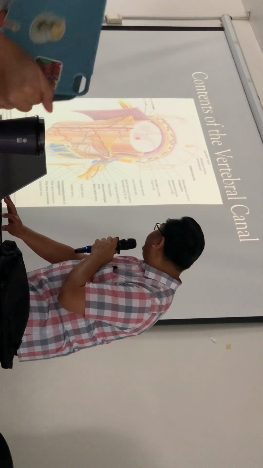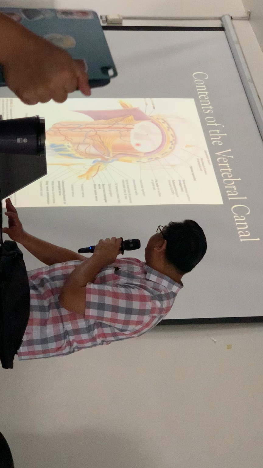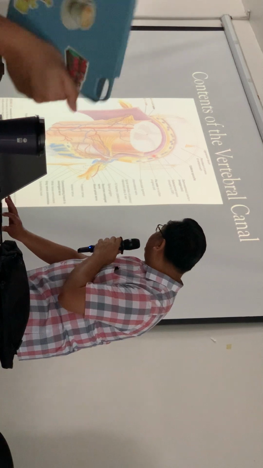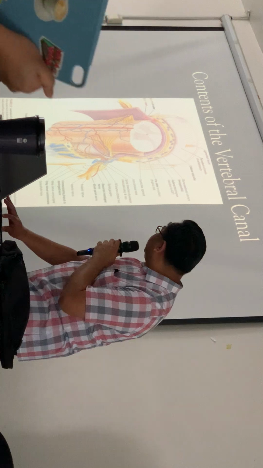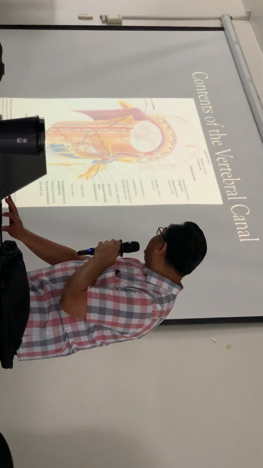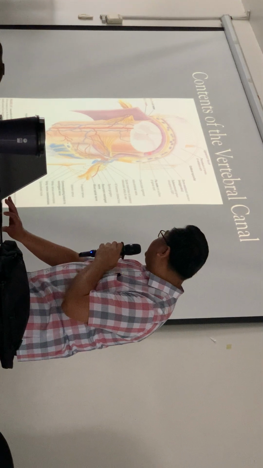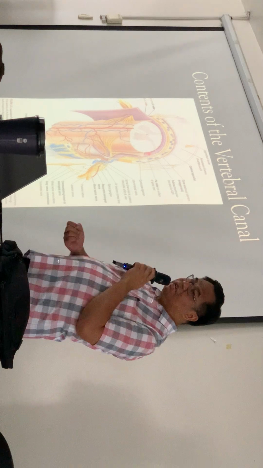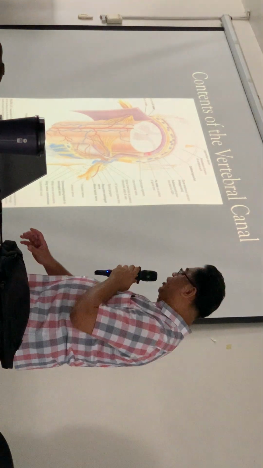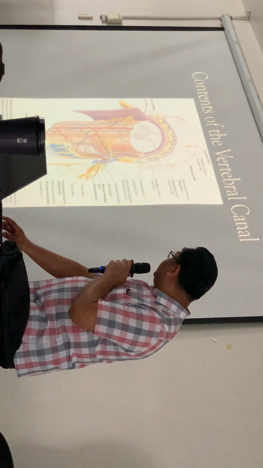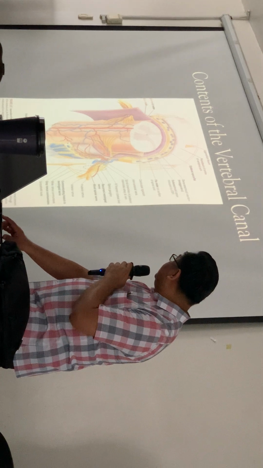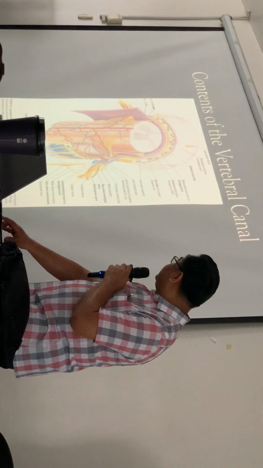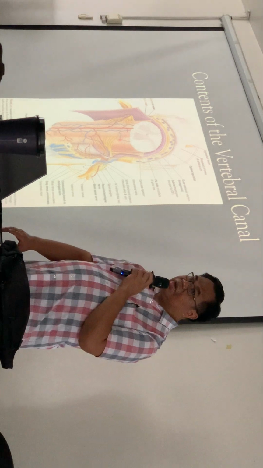So we see the gray matter, the white matter of the spinal cord, and then we see the coverings of the meninges of the spinal cord. And in between the spinal cord and the meninges, we have CSF, and we have the origins of the spinal nerves, of the nerve roots. So these are the contents of our vertebral canal.